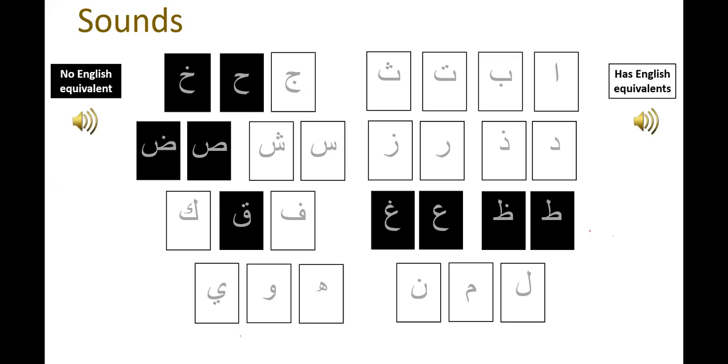We shouldn't worry about them in terms of sound, because if you're an English speaker, you can 80% or 90% pronounce these letters in white. The letters in black don't have English equivalents in terms of sound, so generally these are the letters that some people might struggle with.